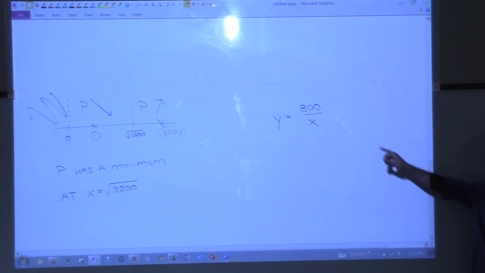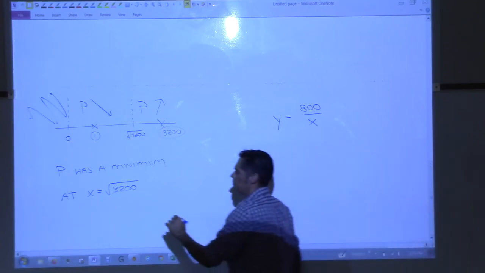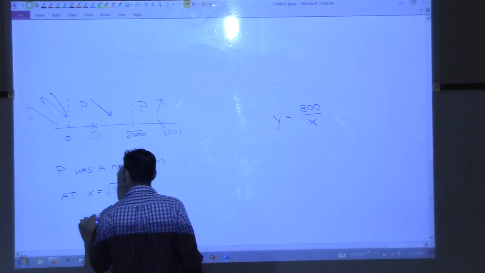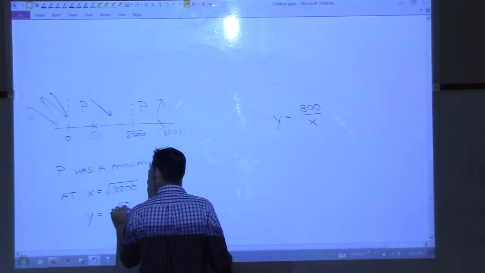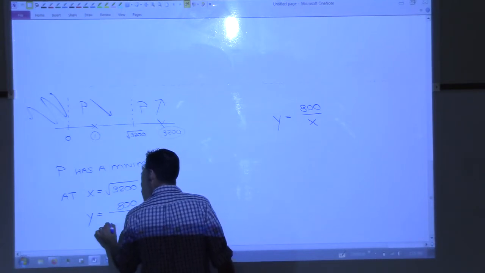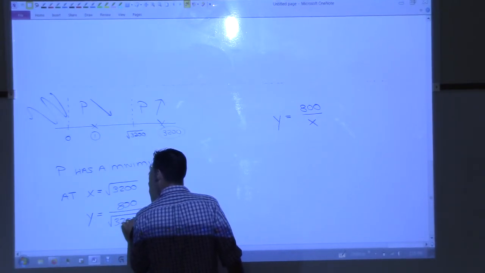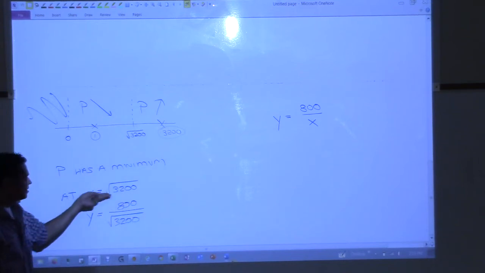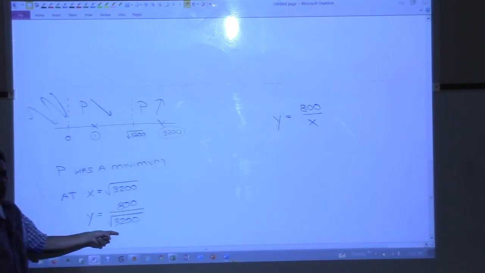So if that's what y is, we can come over here and say it happens when this is that, and this is 800 over root 3200, because we know the x is this, right? So 800 over x.